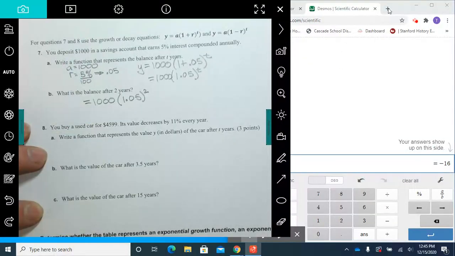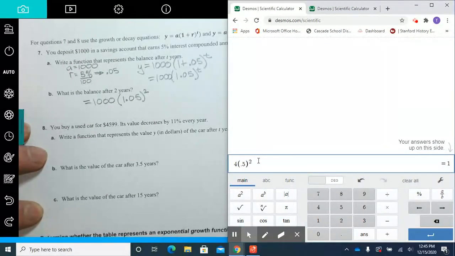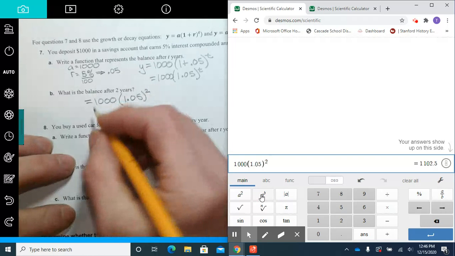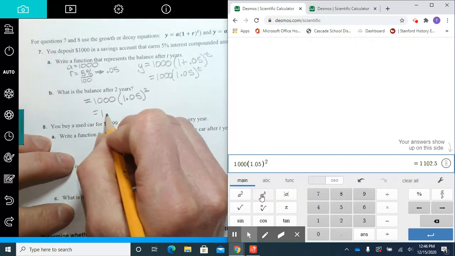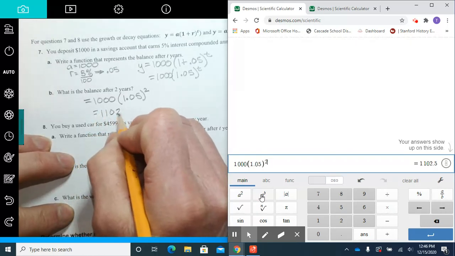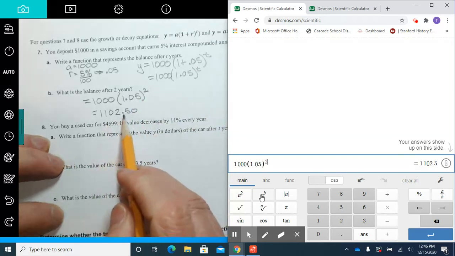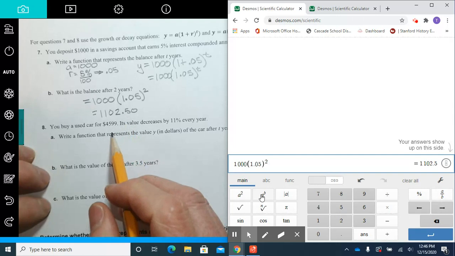So we'll go over here and do 1,000 times 1.05 squared, since we want to know after 2 years. After 2 years, the balance is 1,102.50. So $1,102.50. Okay.